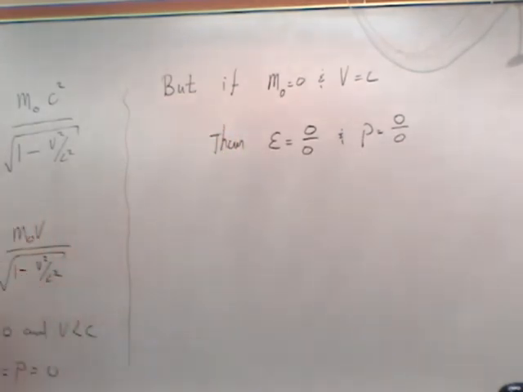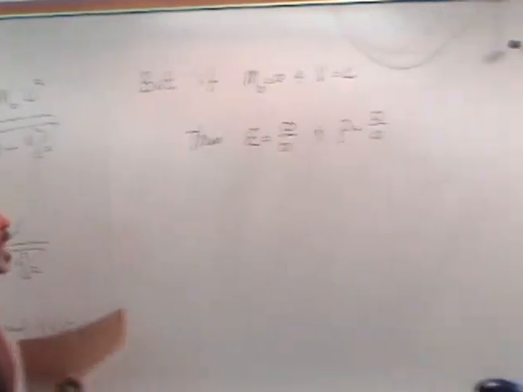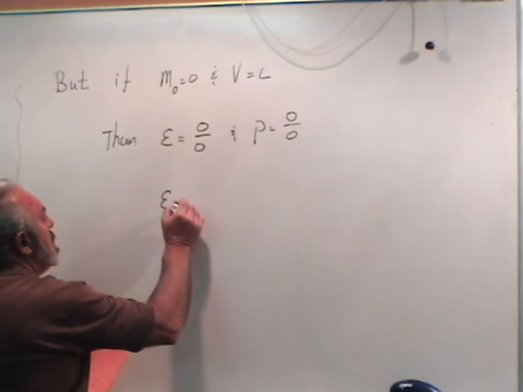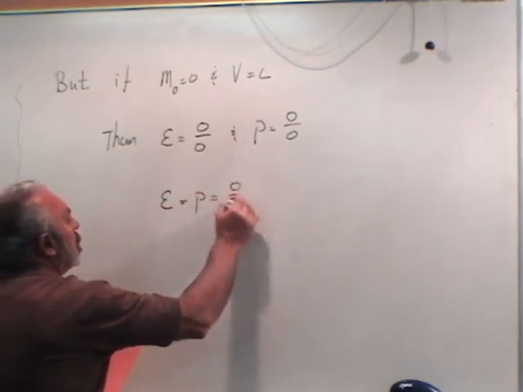And by the way, a subtle little point for your future lectures. You see how I did this? E equals p equals 0. Do you know why I did not write E equals p equals 0 over 0?